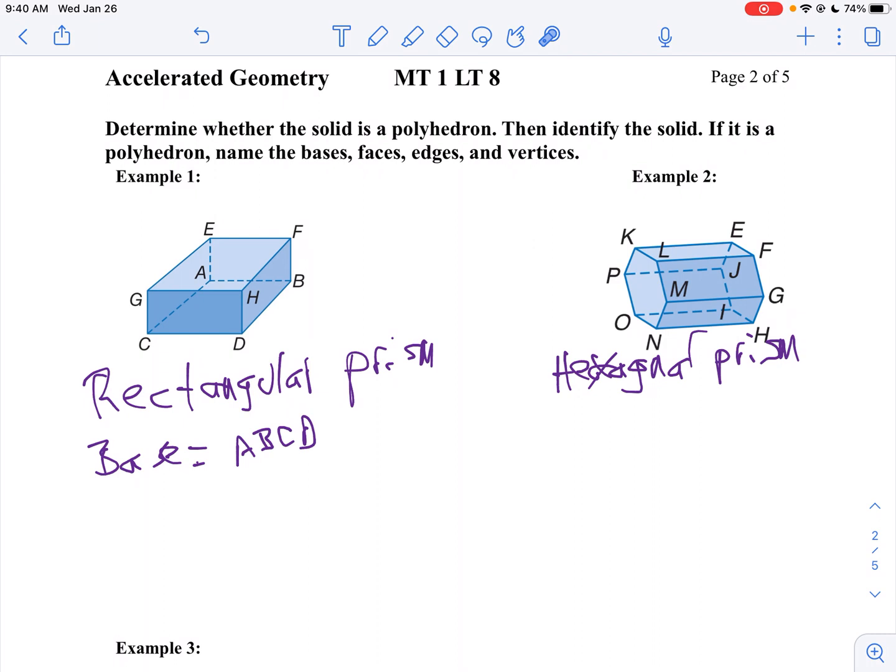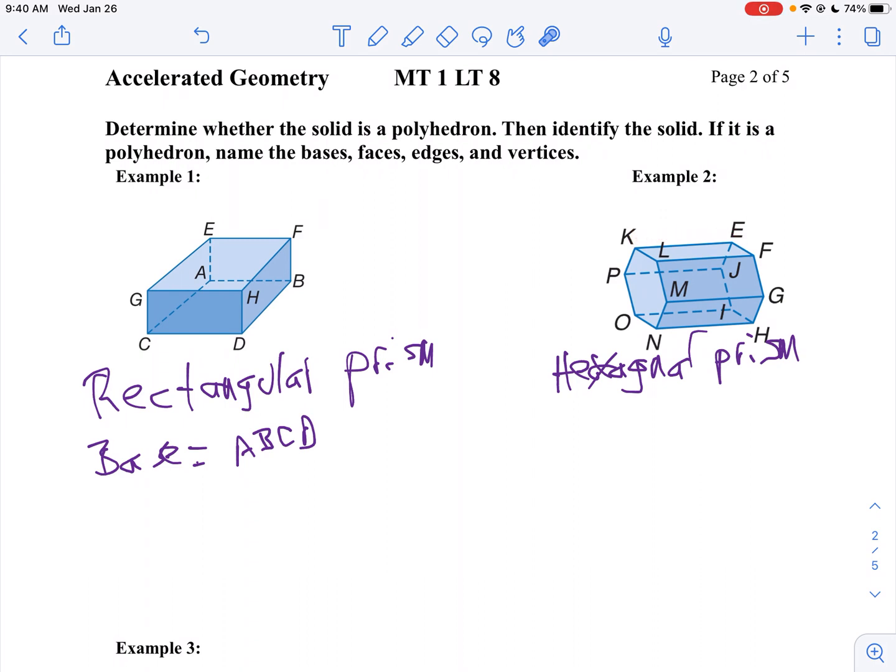Now, to name your edges, all the line segments. So, KL, LM, MN, NO, OP, and PK. We do the same thing, EF, FG, GH, HI, IJ, and JE. Then we'll name the edges that connect them.